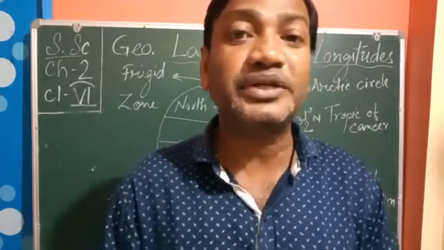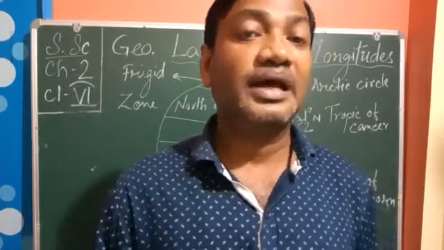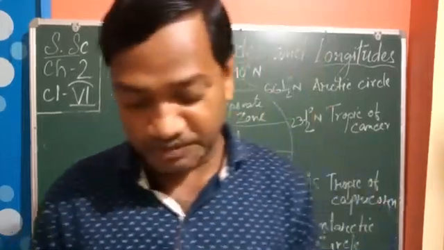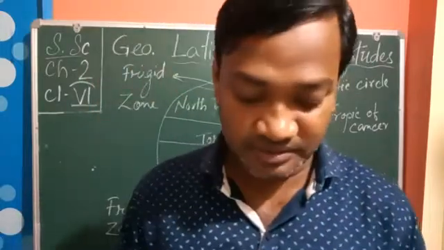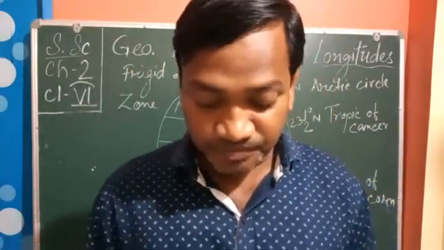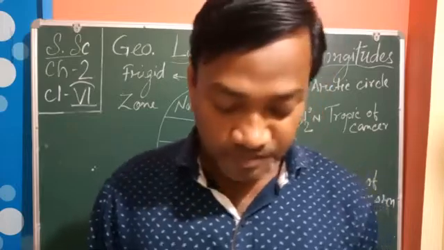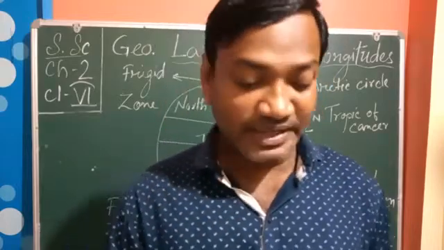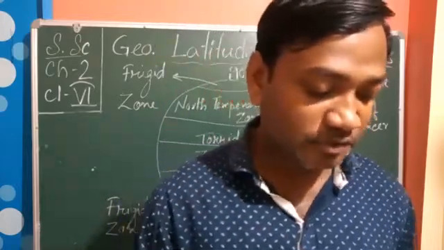So that is why we need another line, and this line is called a meridian. We can draw a set of lines joining the North Pole and the South Pole.